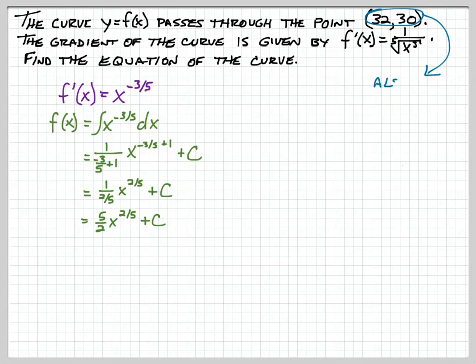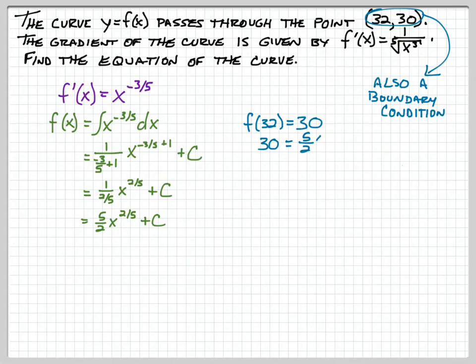Now, we're going to look at (32, 30). This is also considered a boundary condition. Even though it's not quite the same word type problem like we looked at with the fish, it still is going to help us find that value of c. So we're going to use this with our function. f of 32 equals 30, so we plug that in. 30 equals 5 over 2 times 32 to the 2/5 power plus c.